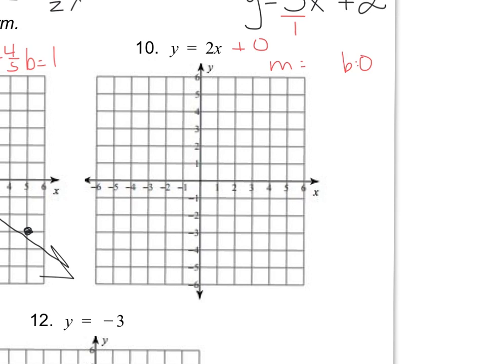So where your line crosses the y-axis is 0. What type of slope do you have? Is it negative or is it positive? It's positive. 2 over 1. So go up 2 over 1. Up 2 over 1.